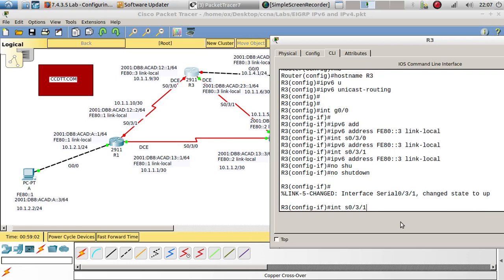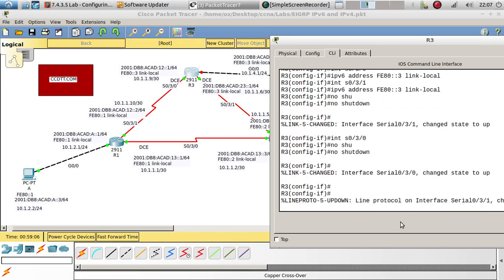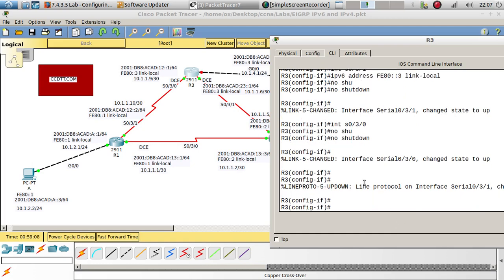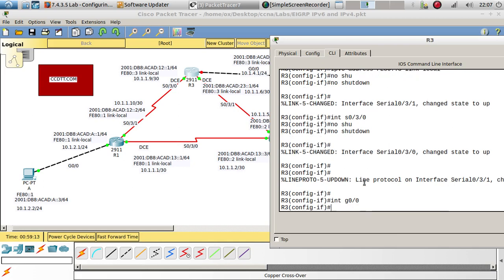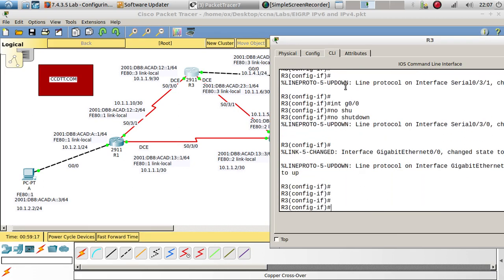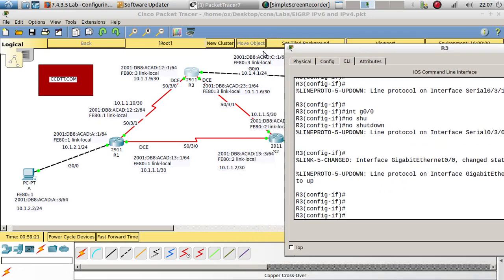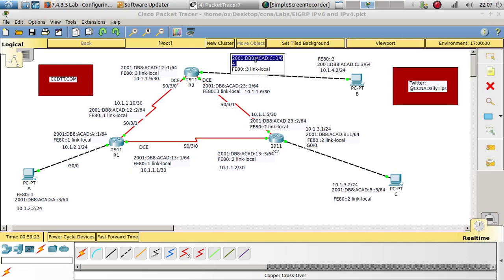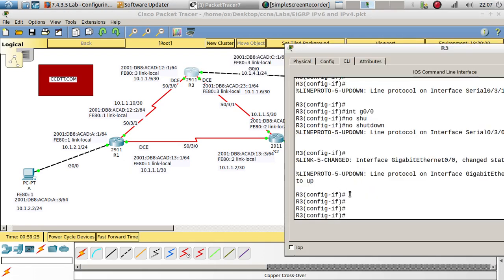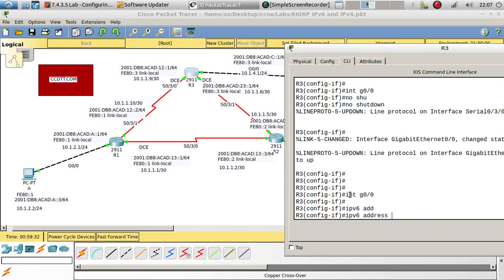Let's do a no shutdown on this one, and let's also do it on gigabit 0/0, no shutdown. All right, so this is good. Everything looking great. So let's go ahead and go to this interface gigabit 0/0, IPv6 address.